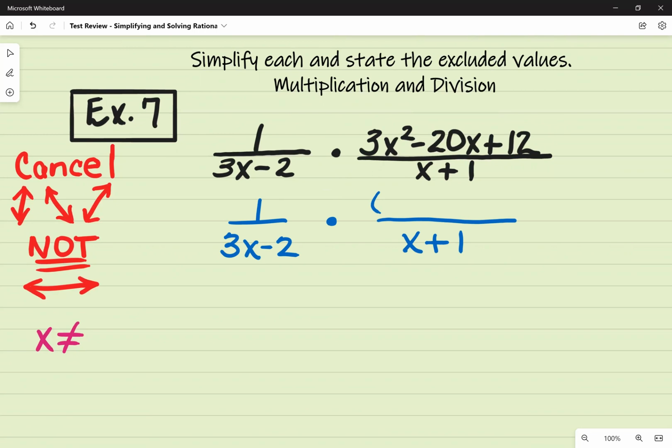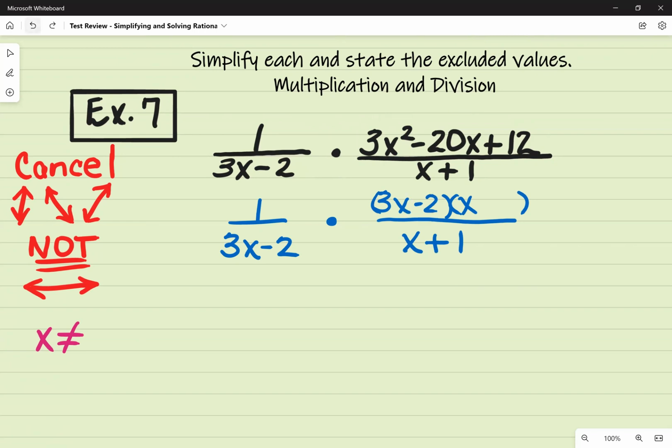The easiest way to look at that is to look below to see if there's anything that could possibly be a factor of the polynomial you're working with, and also look diagonally to see if that could be a possible factor. So I'm going to try diagonally. I'm going to use that 3x minus 2 in hopes of that being one of my factors. So 3x times what will give me 3x squared? Well, we know that's x.